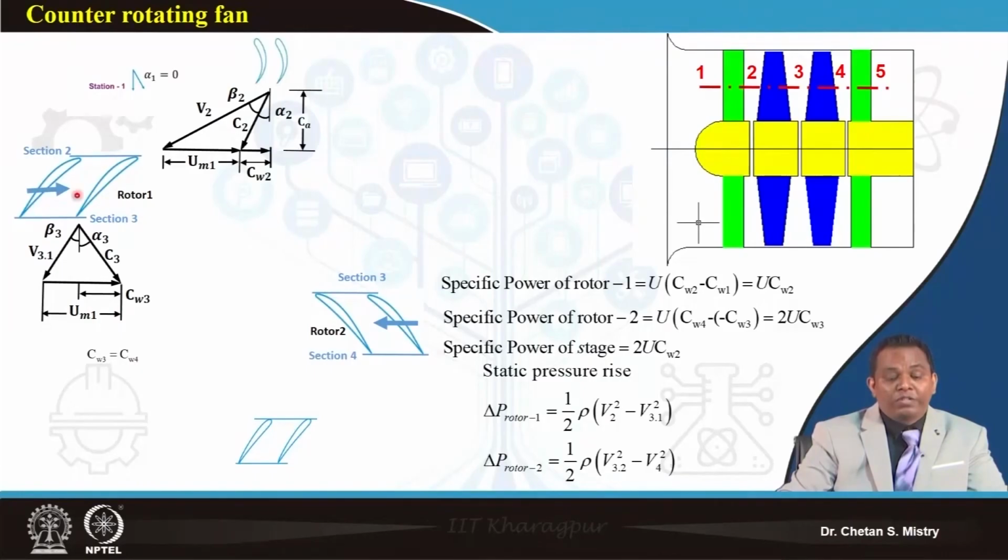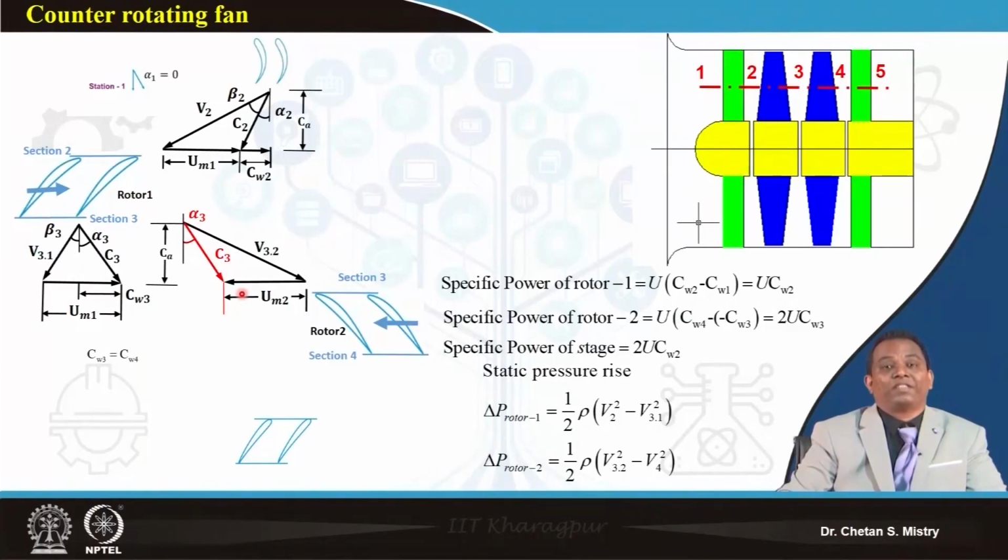Now this rotor is rotating in one direction, and my second rotor is rotating in the opposite direction. So what happens? Suppose I assume that the absolute velocity coming out of rotor 1 enters rotor 2 at the same angle. If I put the peripheral speed here, you can see it makes a velocity triangle like this.